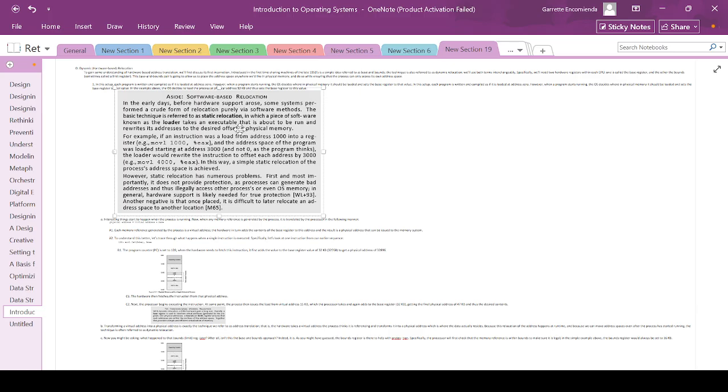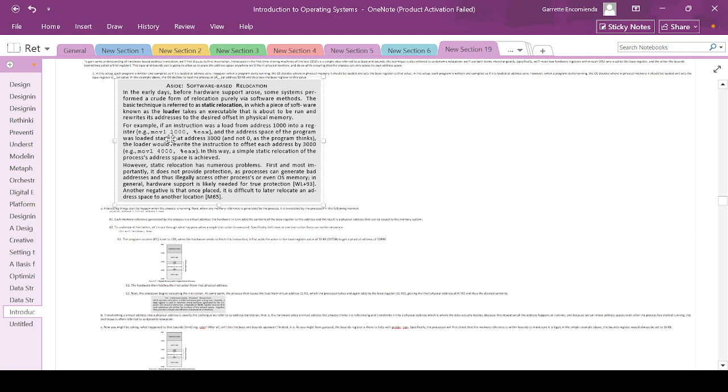So that code will be rewritten by this static relocation, and it will rewrite its addresses to the desired offset in physical memory.